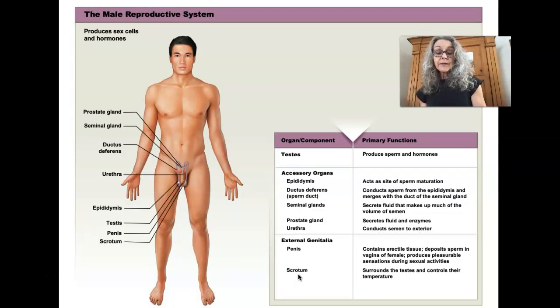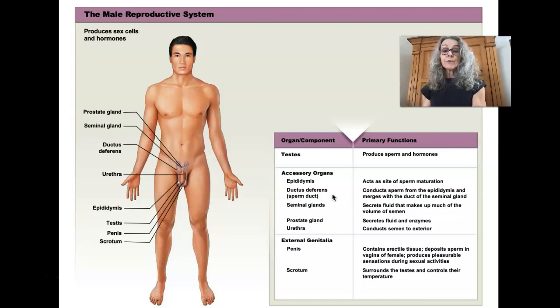On the inside of the male, we have various accessory organs that contribute to the ability of sperm to get out of the male body through the penis. These accessory organs would be the epididymis, which is just above the testes and allows the sperm to mature. The sperm duct or vas deferens, in this slide they wrote ductus deferens, same thing, is the tube through which the sperm travel to get to the penis.